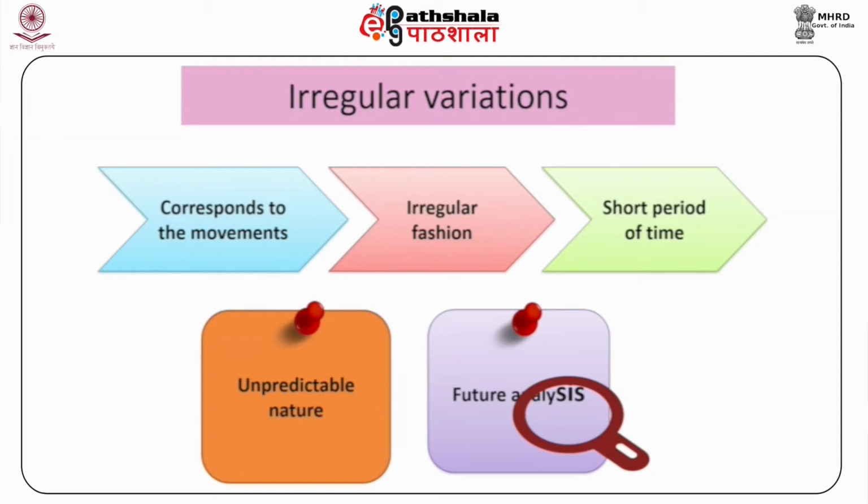In simple words, they are highly unpredictable in nature. These are majorly caused by unexpected events like natural disasters, war, etc. However, it is important to recognize such movements because it helps in future analysis and in avoiding errors in economic models.